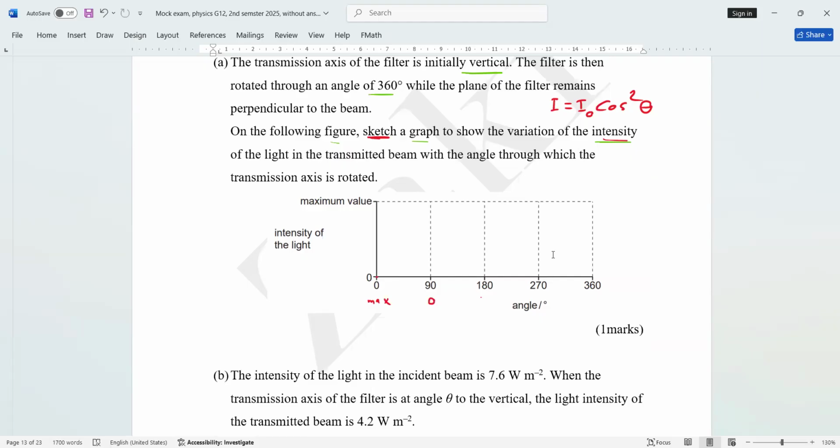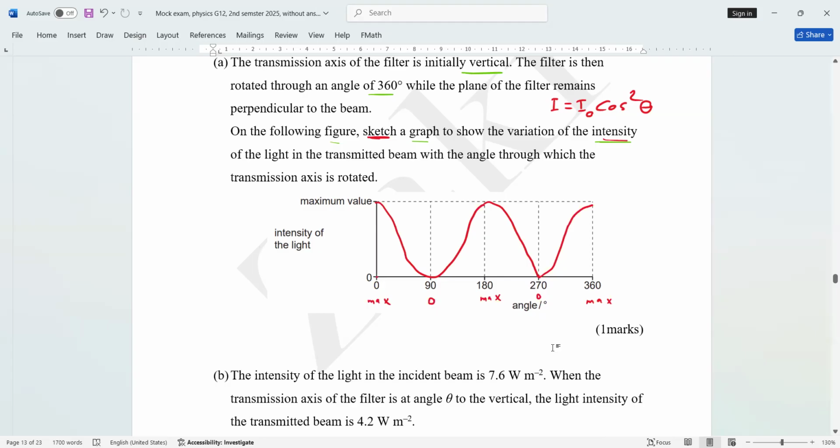At 180 it is maximum. At 270 it is 0. At 360 it is maximum. Then the graph takes this shape. It stays above the x-axis because it's cosine squared. So this is the graph.